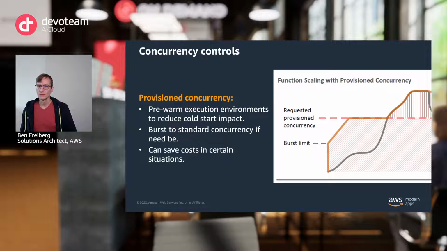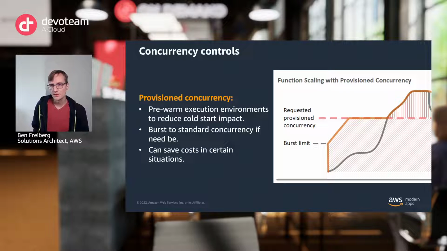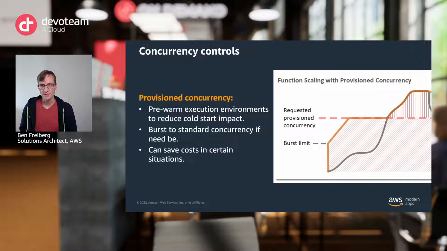So what happens if you use provisioned concurrency? Provisioned concurrency means that you tell the service to keep a specified number of execution environments ready, or pre-warmed, to reduce the initialization process of downloading the code and performing initialization, potentially costly initialization of, let's say, database connections or anything else.